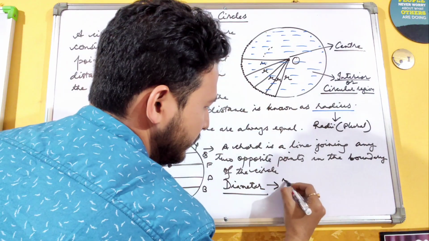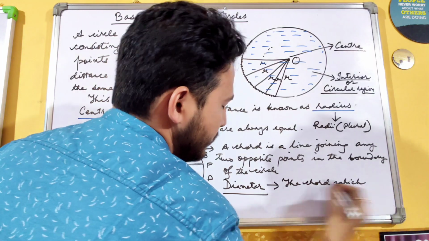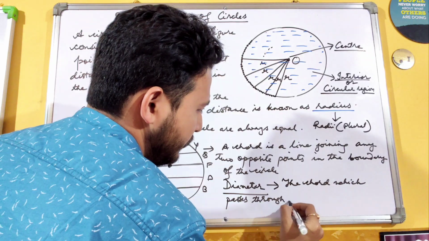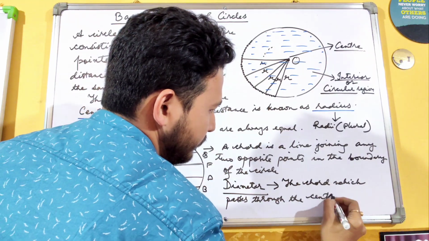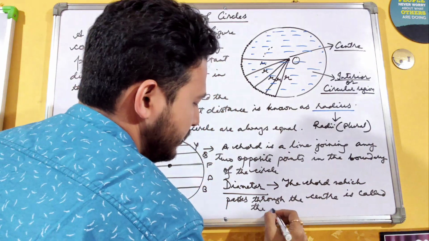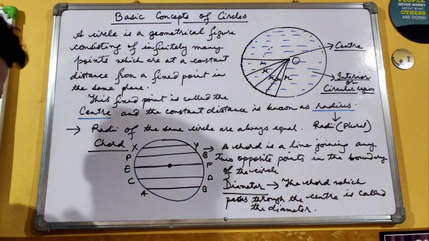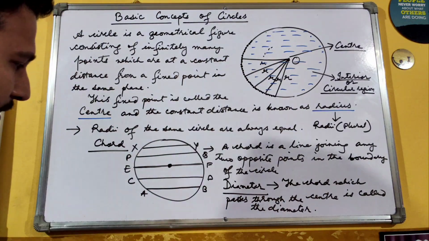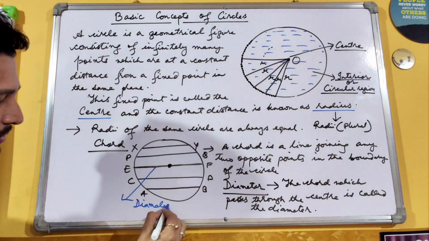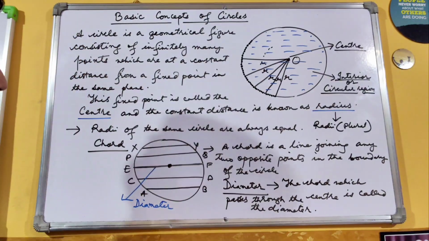So the chord which passes through the center is called the diameter. EF is nothing but the diameter. Diameter is the longest chord of the circle. This is all about the chord.